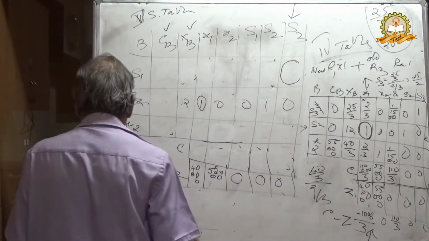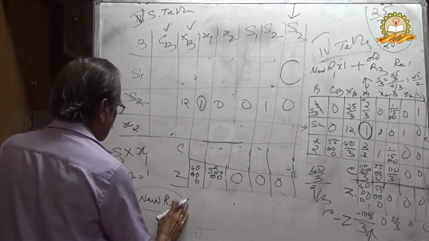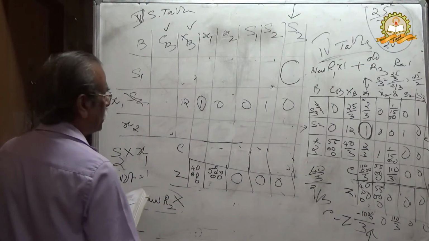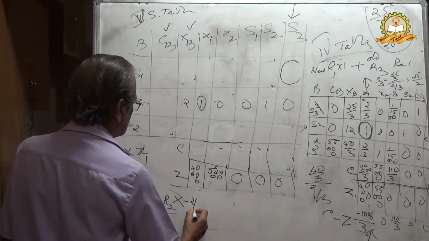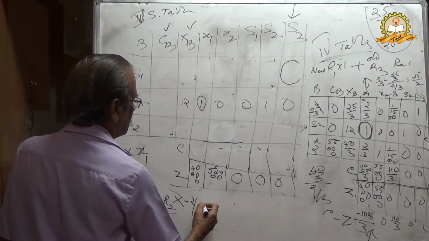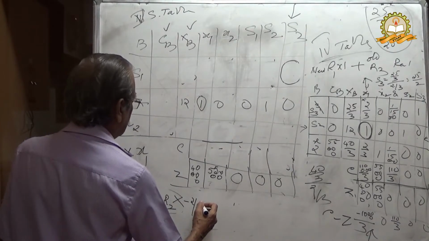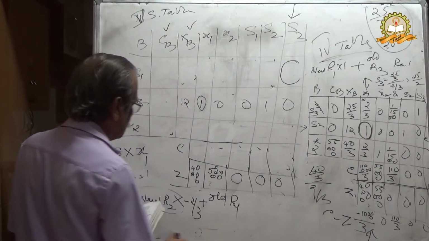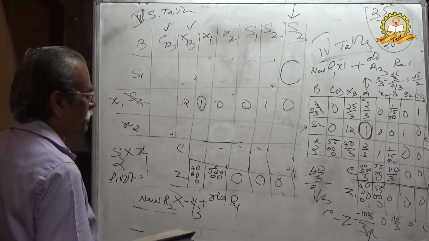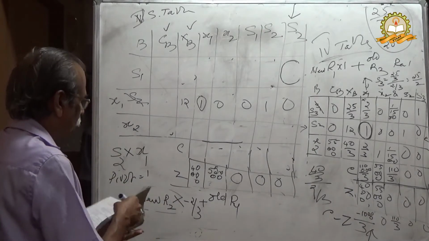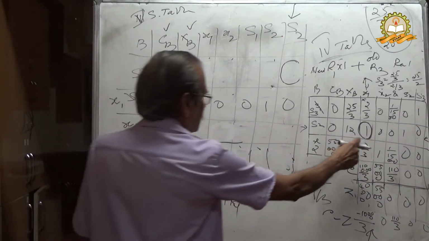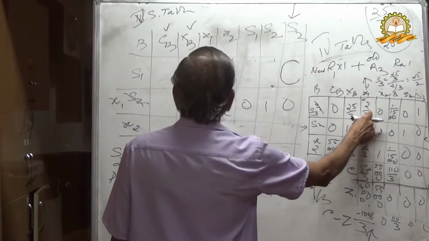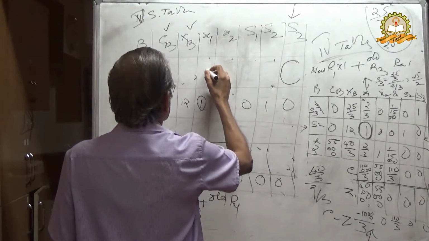For that we write new R2 into minus 2 by 3 plus old R1. Therefore, you can see here you are multiplying by minus 2 by 3, adding with this. Upon that you have under x1 0.